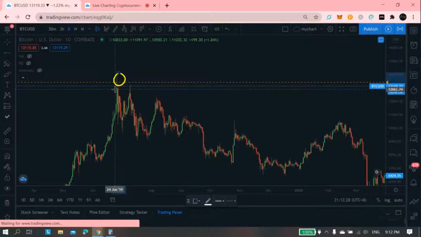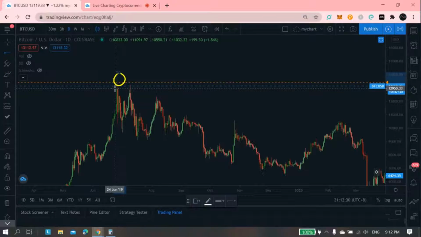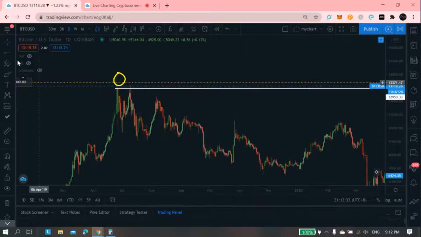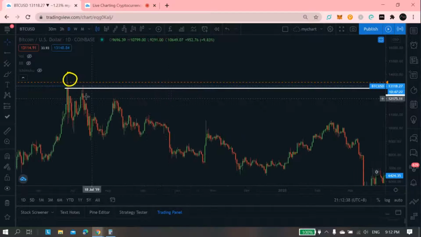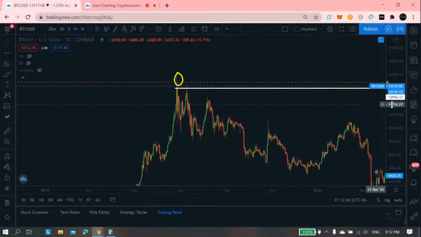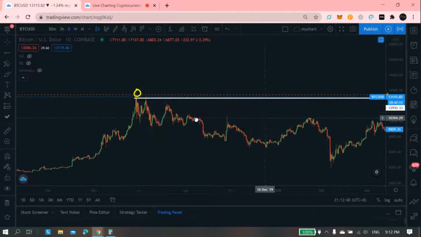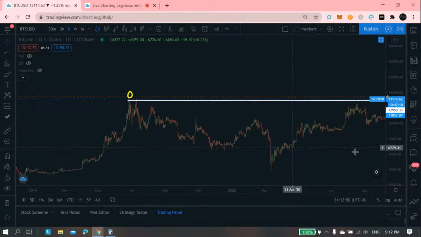Normally I plot the support and resistance at the body. So for using the candlestick, I'm looking at the support of around 12,950. This one.